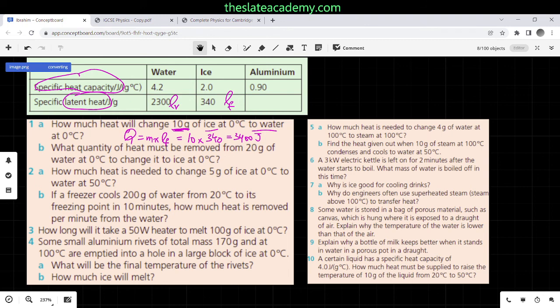In question 1a, I asked, in this particular question, are we raising or changing the temperature of the substance or are we changing the state of matter of the substance?